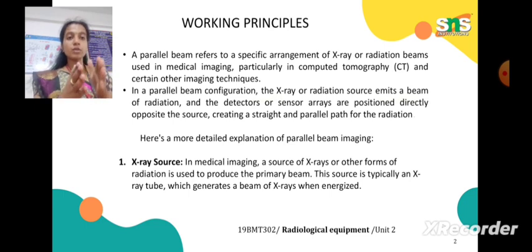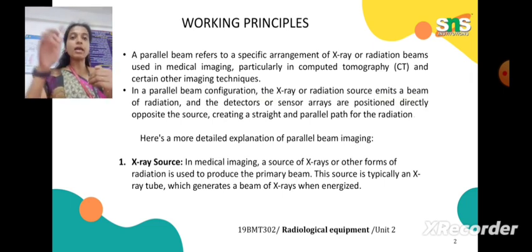In a parallel beam configuration, the X-ray source emits a beam of radiation, and the detector or sensor arrays are positioned directly opposite the source, with the rays passing in parallel between them.